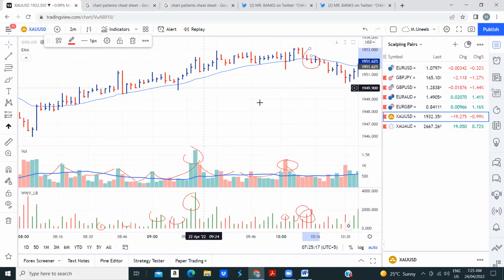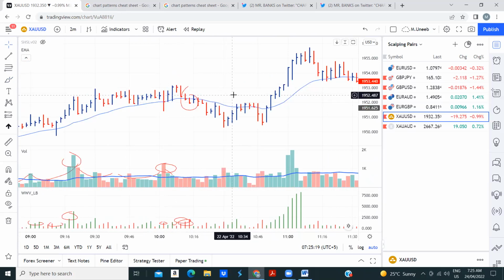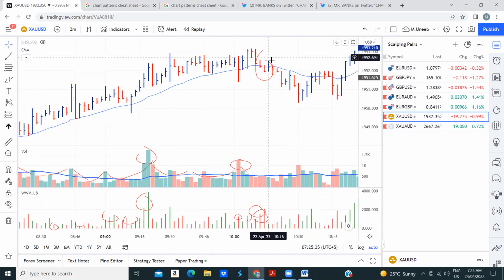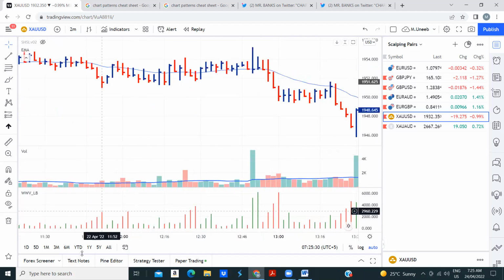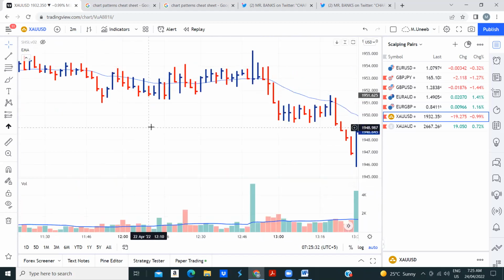The price is going to reverse. This is a very short reverse. Got it? Any problem? No.